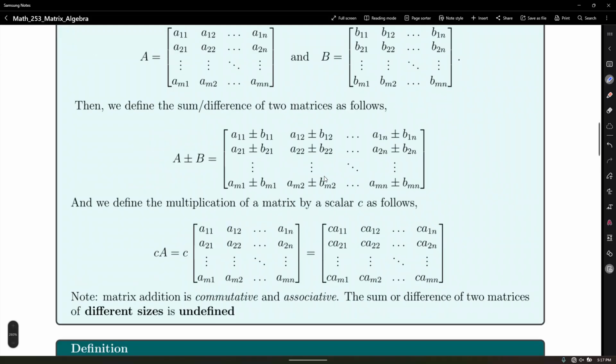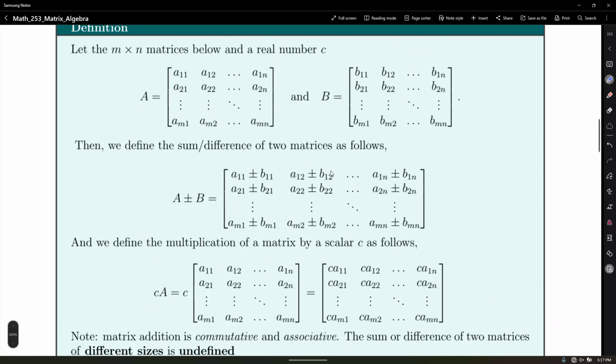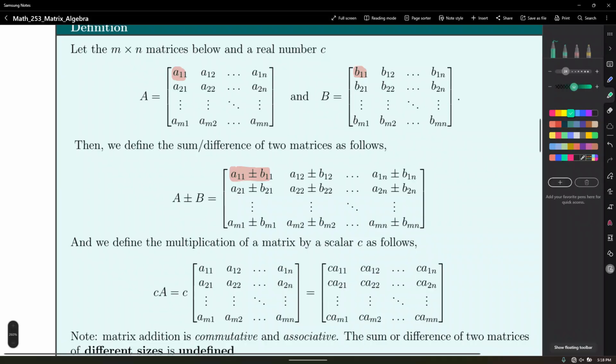Okay, so what do we do? We define the sum or difference of two matrices as follows. For sum or difference, all we do is simply combine the corresponding terms. So that'll be this addition or subtraction; as another example, a12 and b12, combine them together this way.